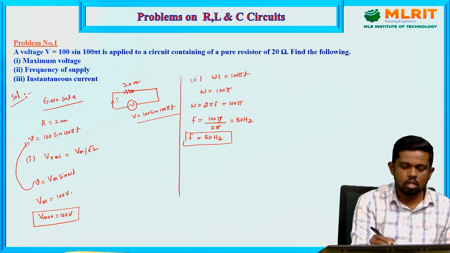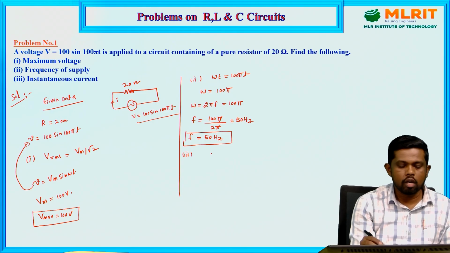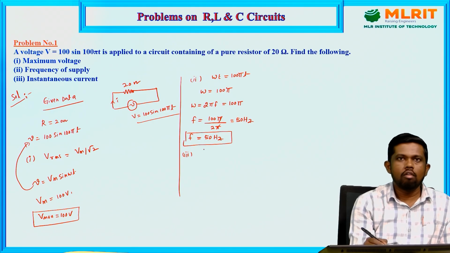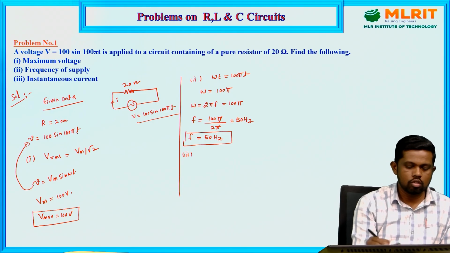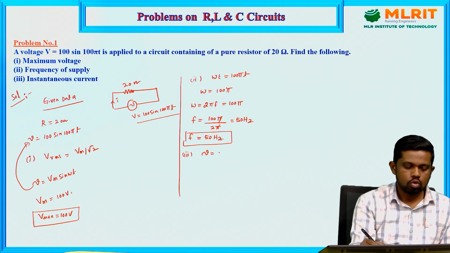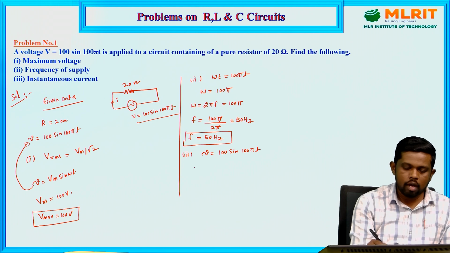Question number 3 is the instantaneous value of current. The instantaneous voltage is V equals 100 sin 100 pi t. The standard notation of instantaneous current is also sin omega t. We need to find Im.